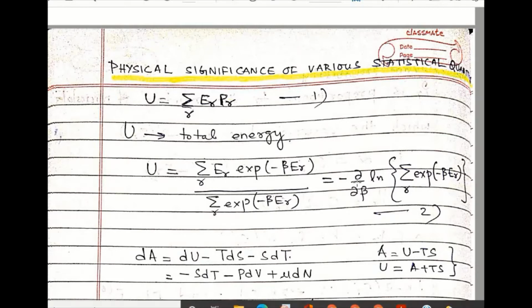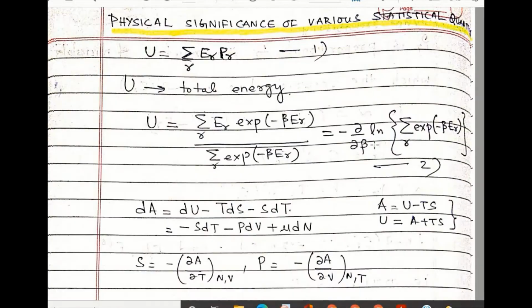This can also be written as minus d by d beta of ln summation exponential minus beta ER. This we can easily check: when you differentiate the logarithm with respect to beta, you get an ER term. This is again a very relevant expression.